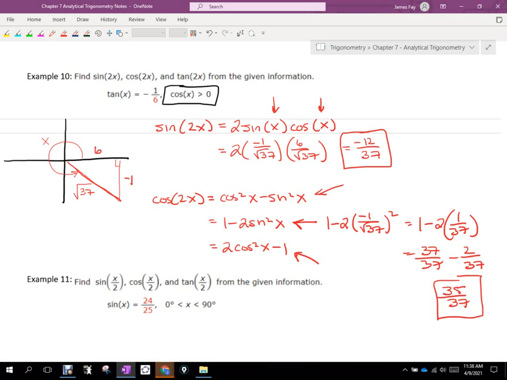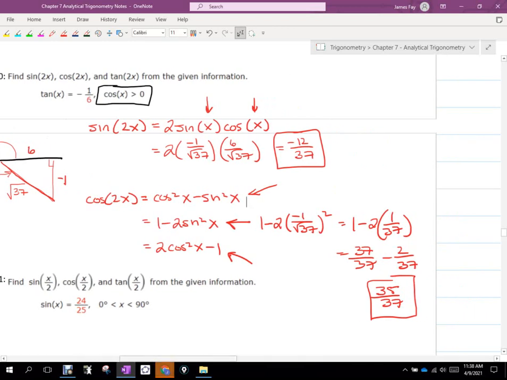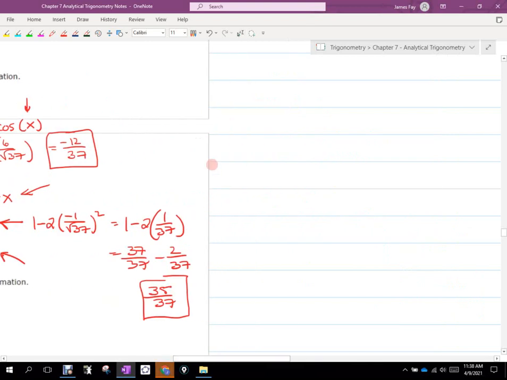So for the tangent formula, you've got some options here now. When we get to tangent, tangent of 2x is equal to 2 tangent of x divided by 1 minus tangent squared x.